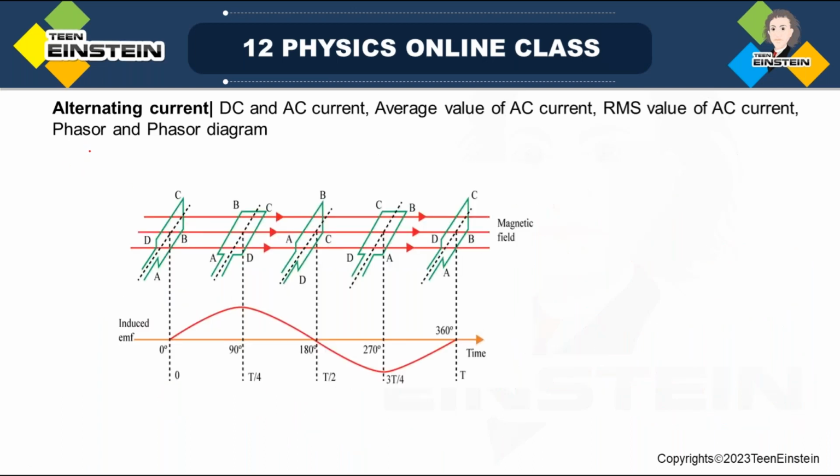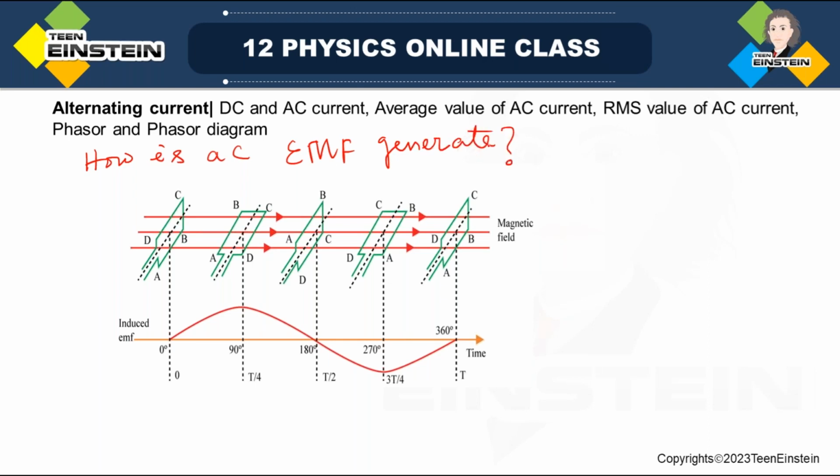See now, how is AC current or voltage generated? Actually, AC EMF, let us say AC EMF generated. This we have already learned in the induction chapter.